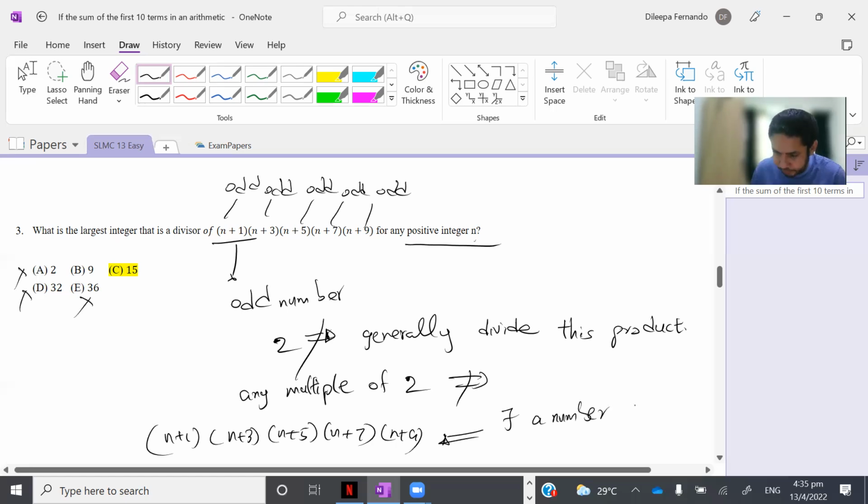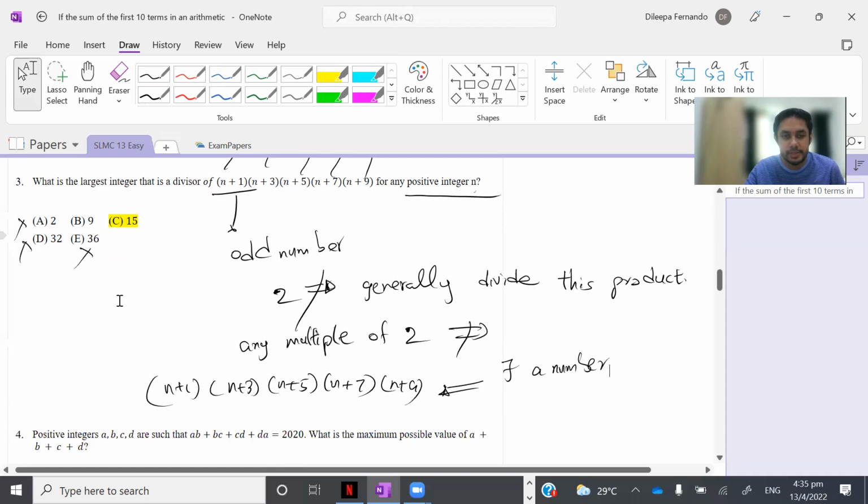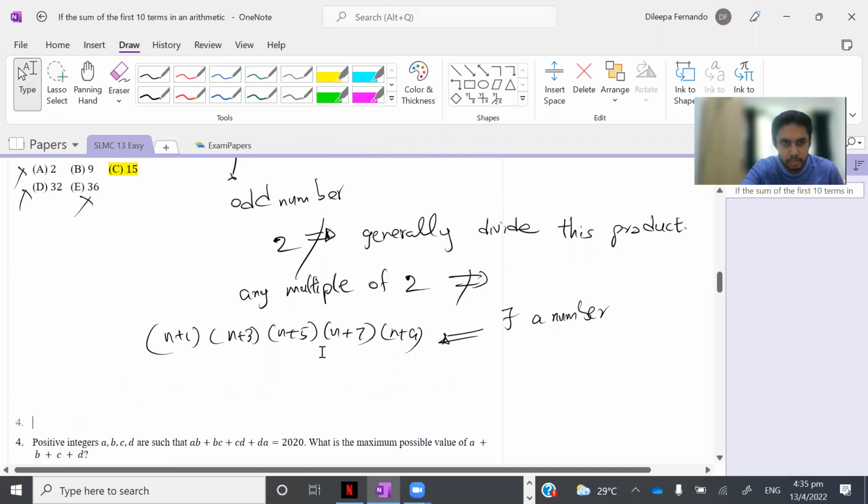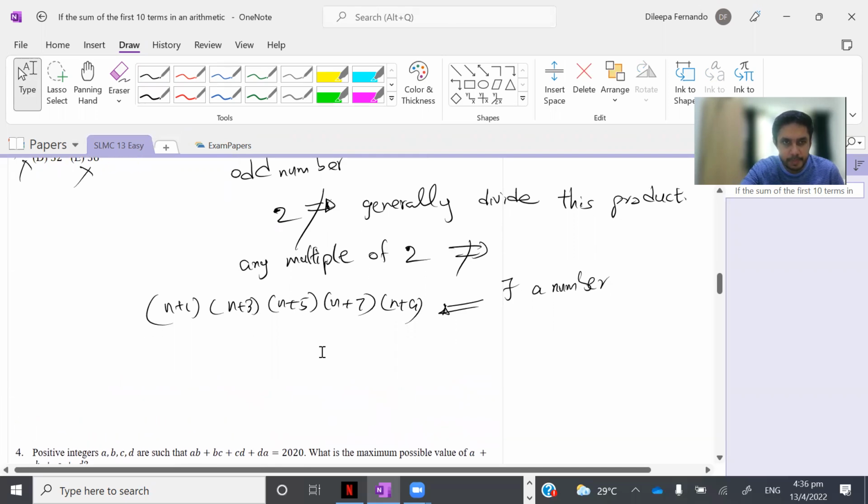So there is a number. You can see all these are different numbers.